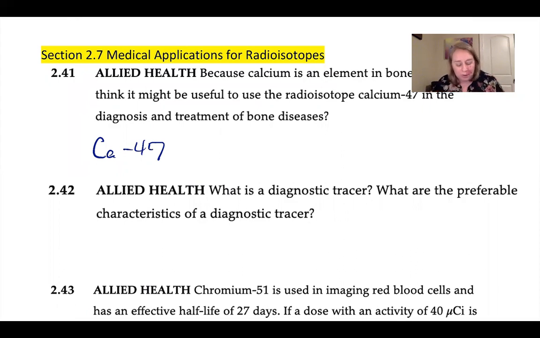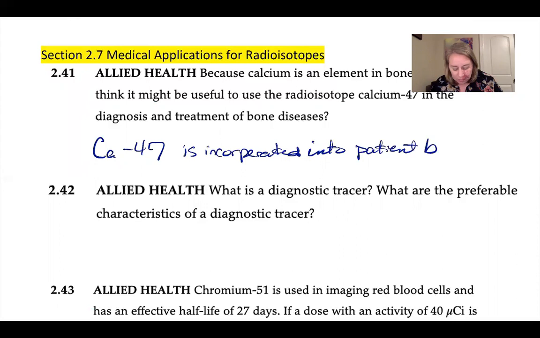So the calcium-47 is incorporated into patient bones. So then you'll be able to visualize maybe if something's going wrong in the bone, or to actually treat it. And so calcium, because it's a component of bones, the body doesn't know the difference, it puts it in the bones. And then you can look at maybe it should accumulate at this much, or it shouldn't, whatever it is, you can see if something's going wrong.